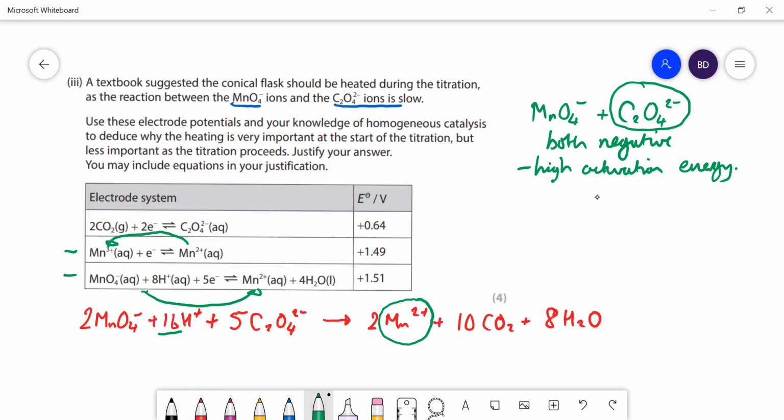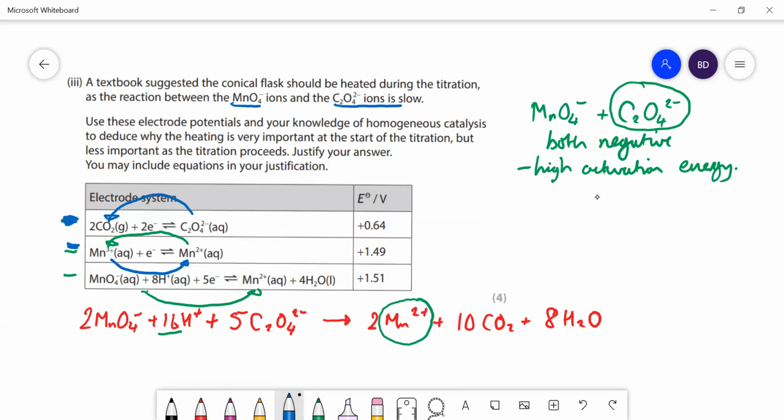And now let's look at these 2 equations. Sorry, change color, so I'm in blue. All right, now look at this pair of equations. This time it's the Mn3 plus, which is the most positive. So that is actually going to go that way, and the Mn3 plus is going to oxidize the ethanedioate ions to CO2.